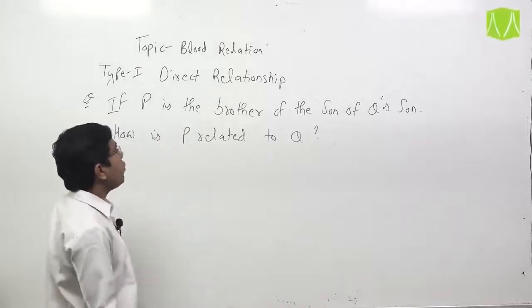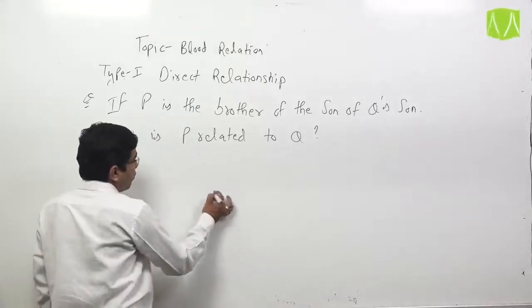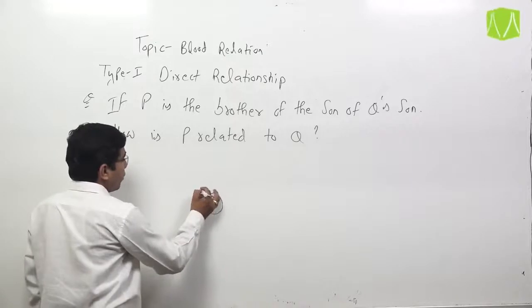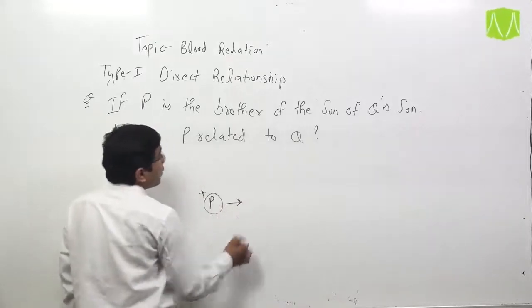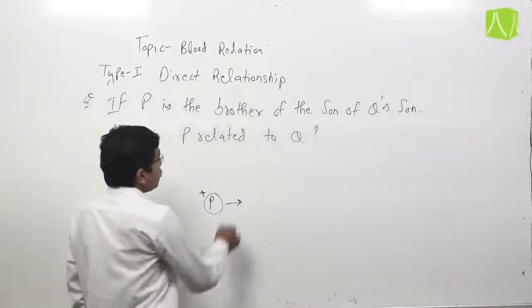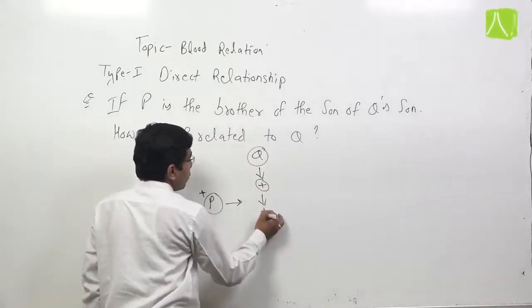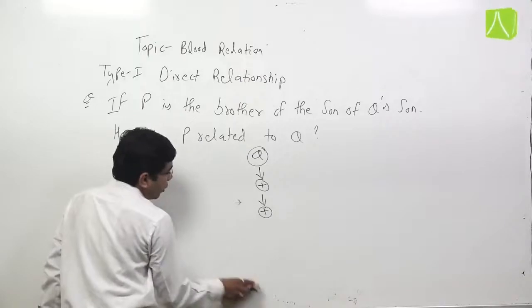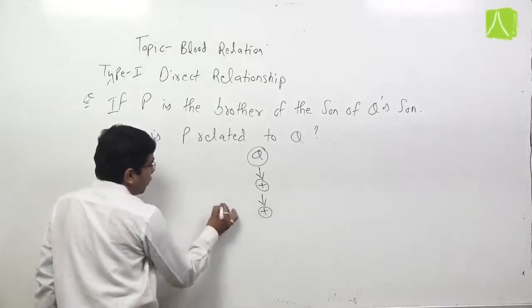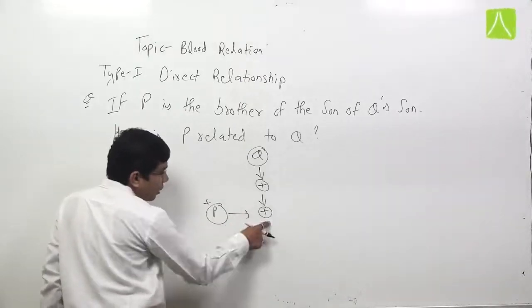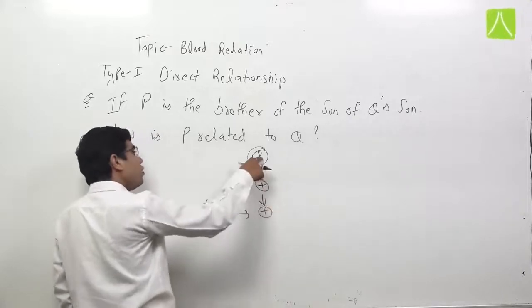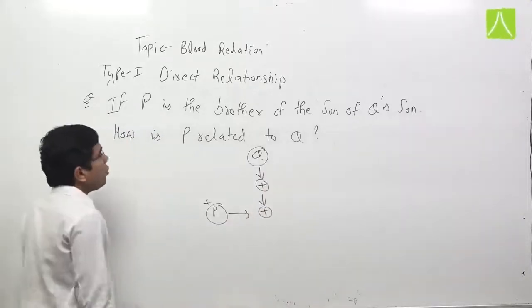If P is the brother of the son of Q's son, that means P is male. P is the brother of the son of Q's son.